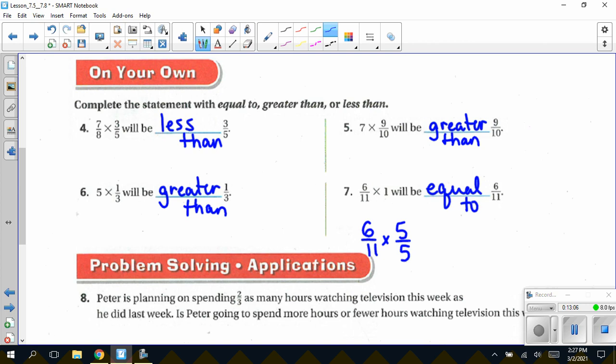Please make sure you recognize that your 5/5 is equal to 1 whole. So if they ask, what would this be to the 6/11, just know that you would put equal to, just because that 5/5 equals 1 whole.